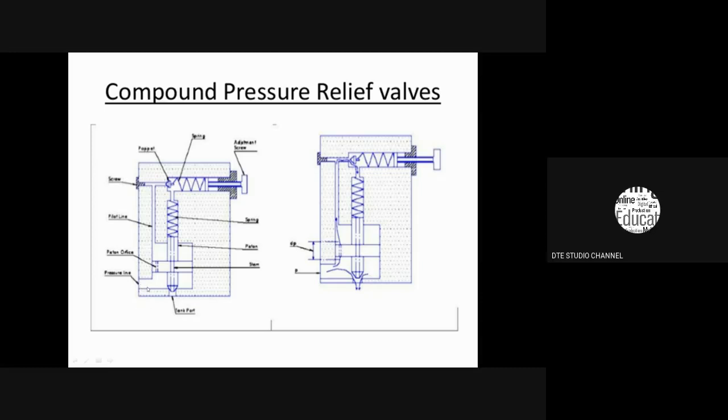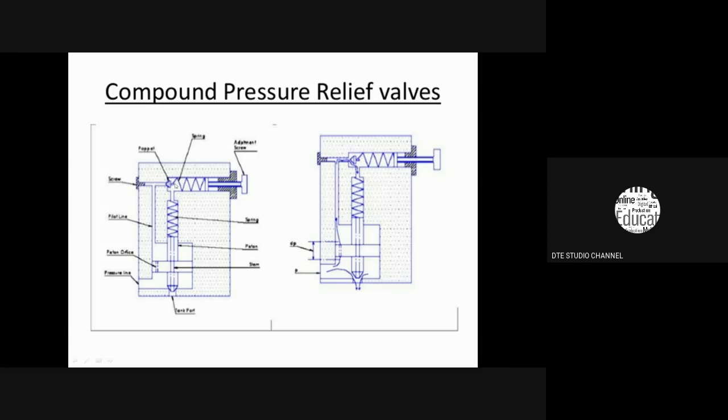As usual, the pump port is connected to the line to run the actuator. This is the connection at the pump port, and there is a piston. The piston has a small hole, an orifice, and from the top of the piston, the connection is given to the poppet through a pilot line.